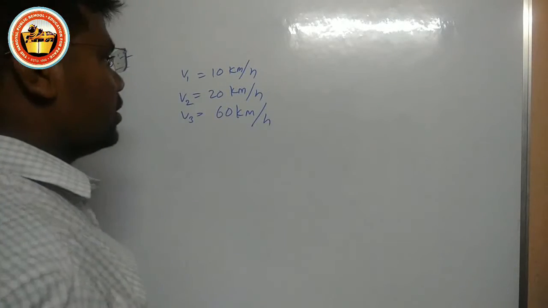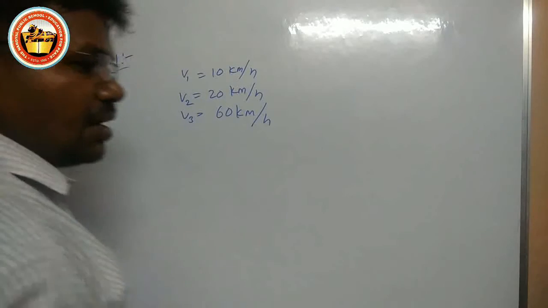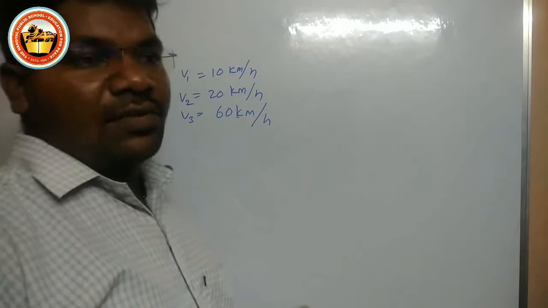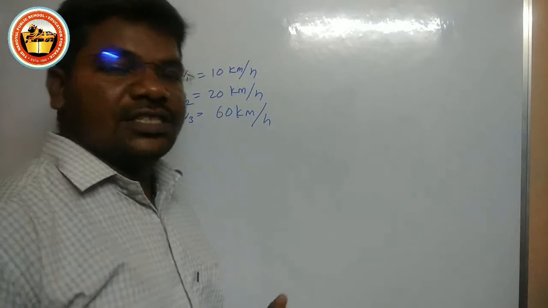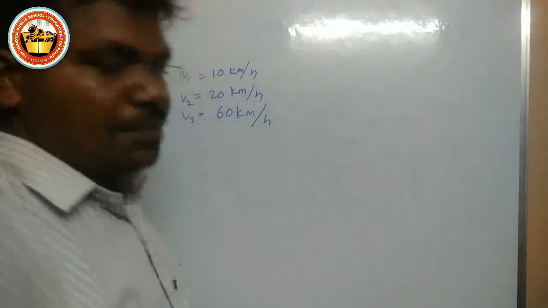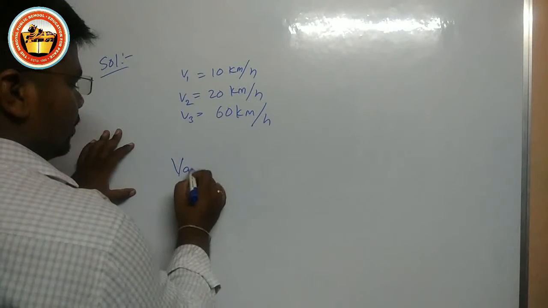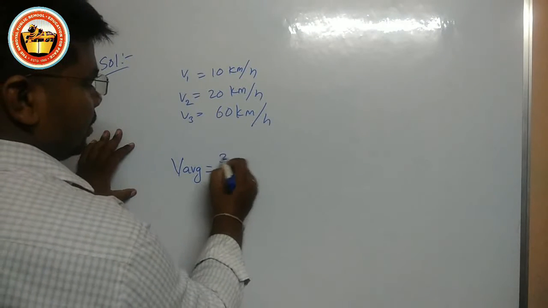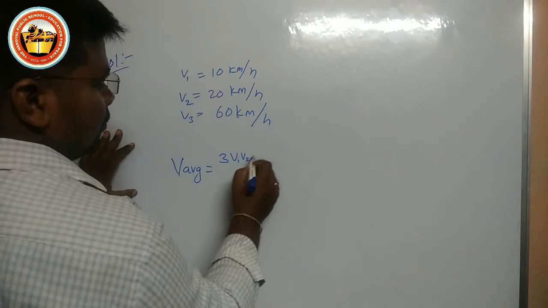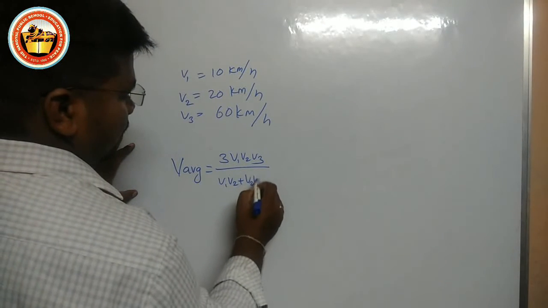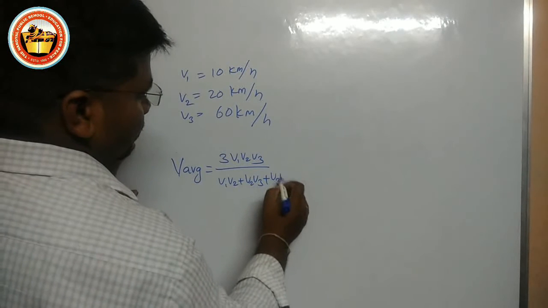With the help of the given data, we can recognize the formula related to this problem: average speed or average velocity is 3 v1 v2 v3 divided by v1 v2 plus v2 v3 plus v3 v1.